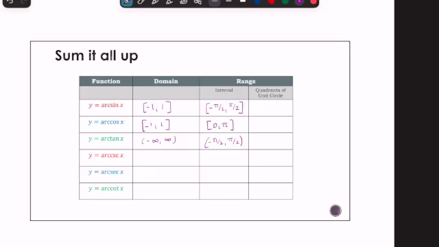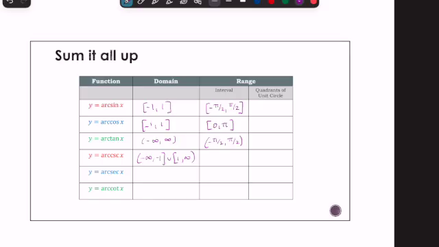Arc cosecant's domain is negative infinity to negative 1, and then 1 to infinity. Just remember, that's the range of secant or cosecant, so that would be the domain of arc cosecant.